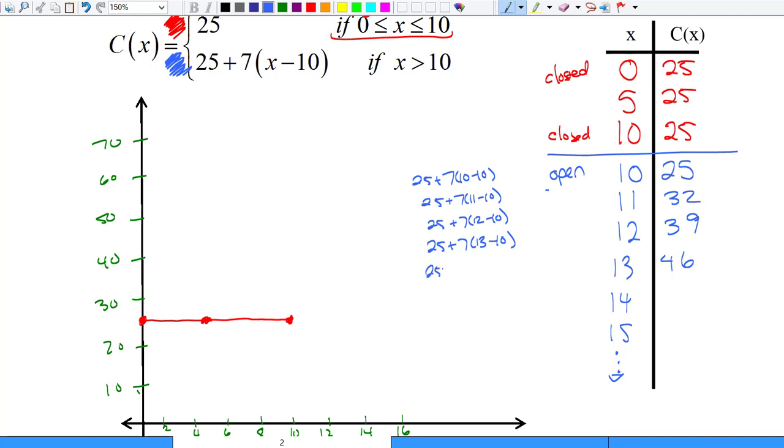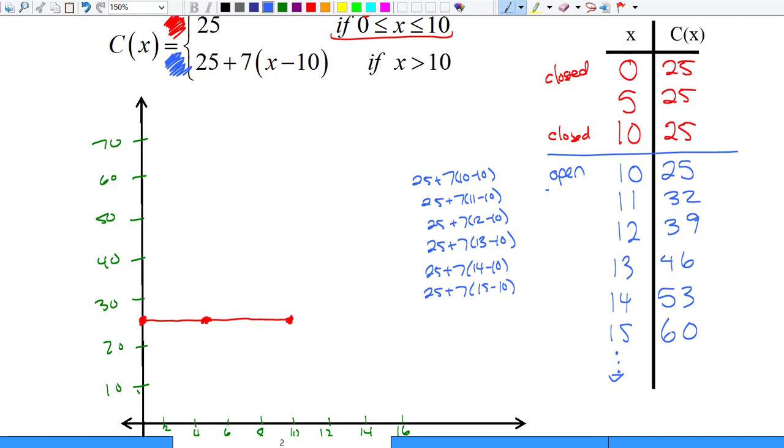Let's see, 25 plus 7 times 14 minus 10. This number 14 gets me 53, and 15 gets me 60. 15 minus 10 is 5 times 7 is 35. And 35 plus 25 is 60, which, if you remember, was one of our questions from the first page. C of 15 is 60.